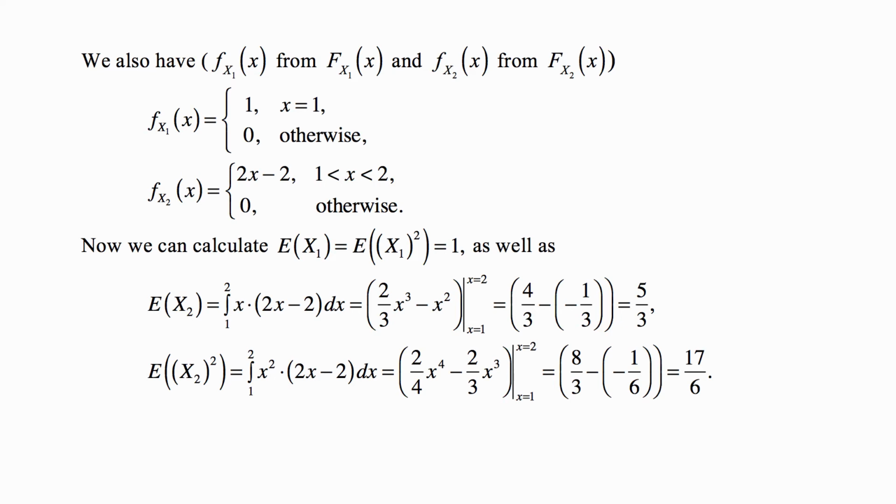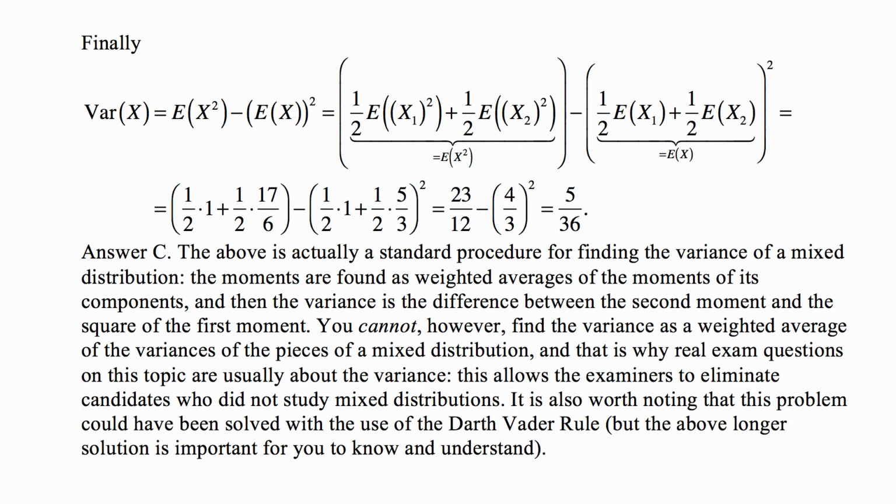17/6. And finally, the variance of X is E of X squared minus the mean of X squared. For a mixed distribution, where the CDF is a weighted average of two CDFs, the first moment, second moment, third moment, and so on, every moment is a weighted average, the same weighted average of the moments of the pieces that are combined in the mixed distribution.